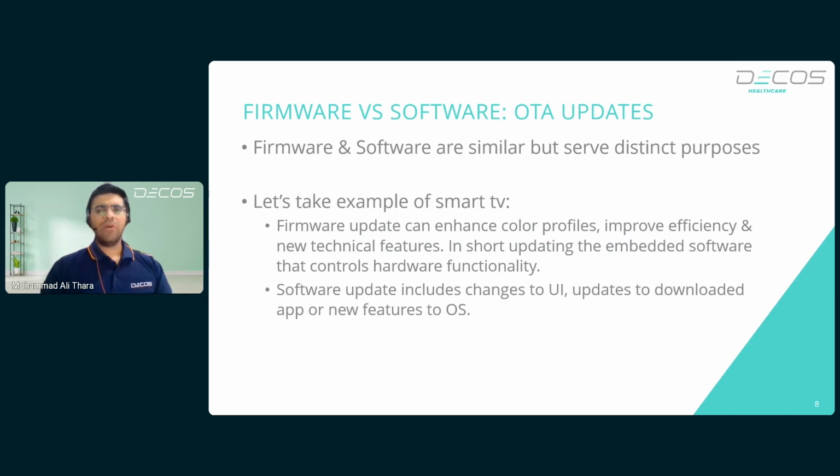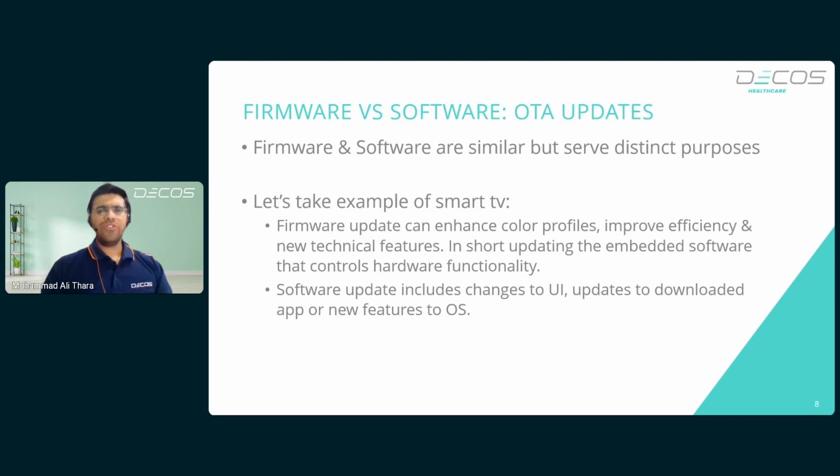Speaking about the software, on the other hand, software updates on a smart TV might include changes to user interface, updating the downloaded apps, or maybe a new feature added to your TV's operating system. While firmware updates are less frequent, they are actually crucial for overall functionality and security of your device.